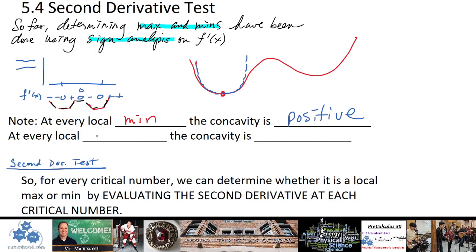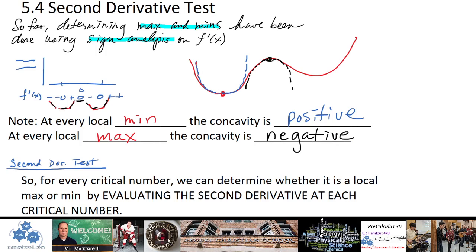And at every local max, like this over here, the concavity in this interval at this maximum is definitely in the middle of a concave what? Down. So that's negative. All right? So if you look at a local minimum, the concavity is positive, or up.